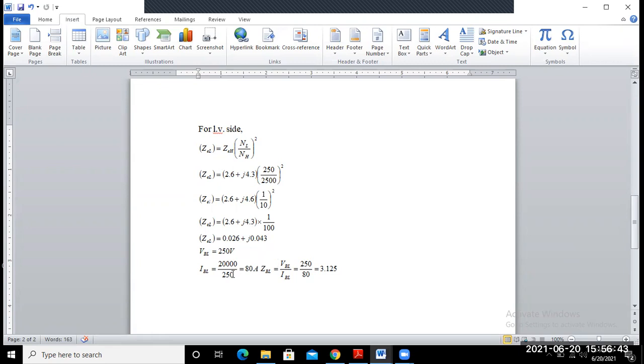So now you have already found the ZBL, and now you just find the ZEL in per unit.